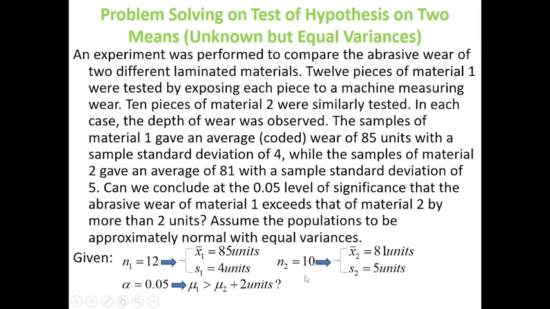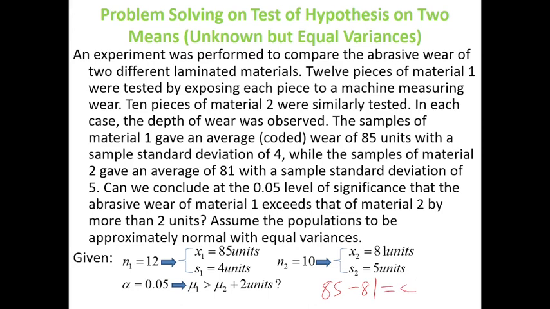So let's see. Upon analyzing our data, since we have here 85 and here 81, what is the difference between the two? What is 85 minus 81? If we compare 85 minus 81, x sub 1 bar minus x sub 2 bar, we get 4 units.